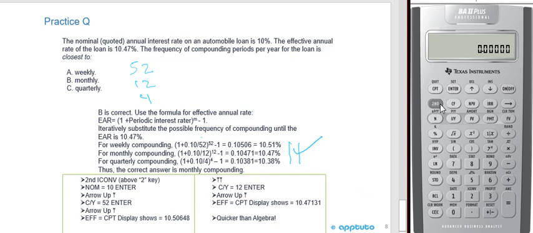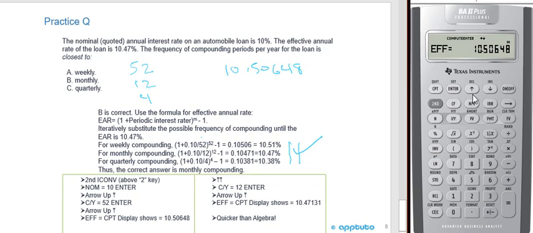Again, it's the interest rate conversion. Second, interest rate conversion. Nominal interest rate is 10. We hit enter. So for the first one, it's weekly. So that's 52. Hit 52. Enter. Arrow up. Hit compute. And that's 10.50. So that doesn't seem right, but I'm going to write that down. 10.50648. Okay?